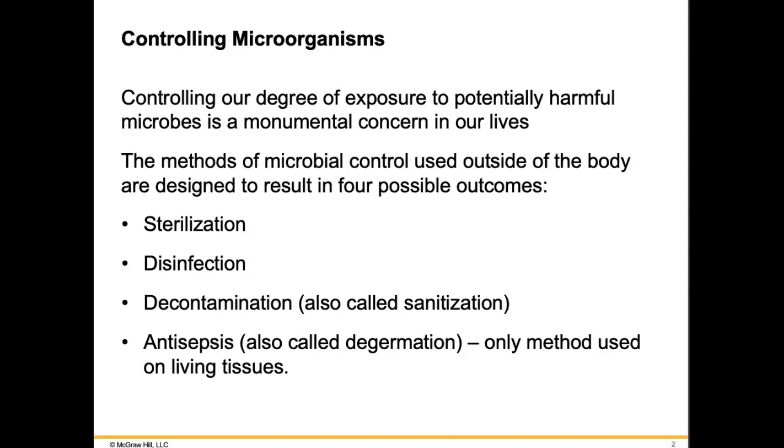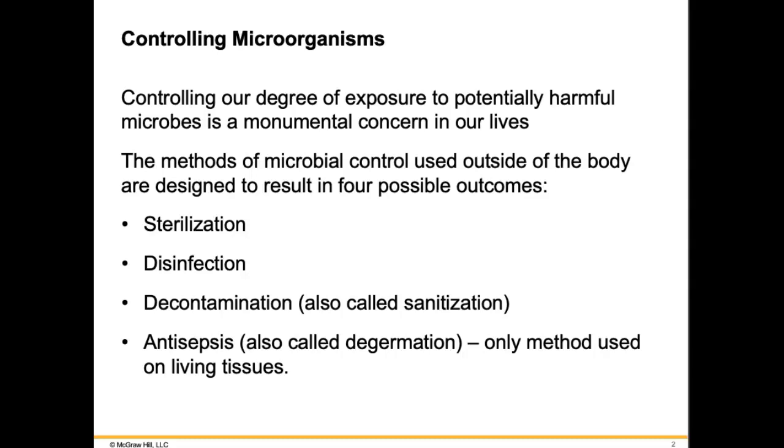So, controlling microorganisms, controlling how much exposure to potentially harmful microbes is important when it comes to our lives. The methods of microbial control used outside of the body are designed to result in 4 possible outcomes.